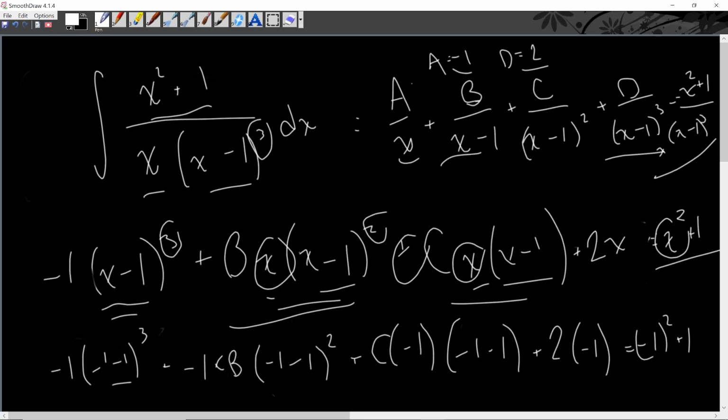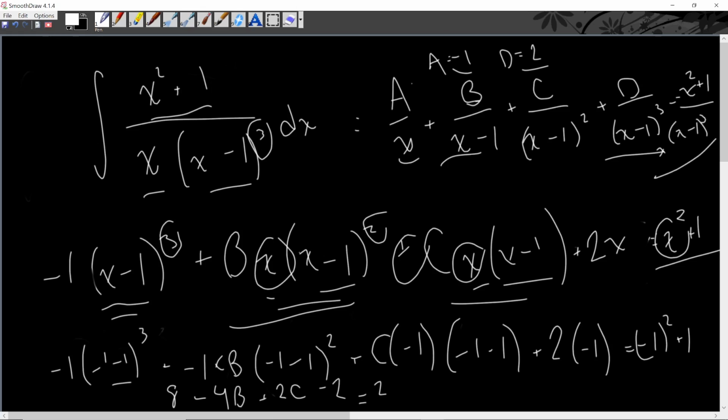So negative 2 cubed is negative 8 times negative 1 is going to be positive 8 plus negative 1 times b. So negative 1 minus 1 is negative 2, squared is going to be positive 4 times negative 1, so negative 4b. And then negative 1 minus 1 is going to be negative 2 times negative 1 is plus 2c, and minus 2 is equal to 2, right?